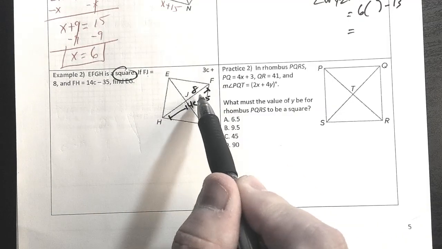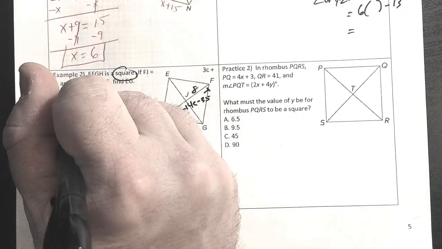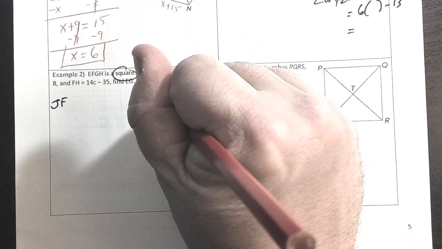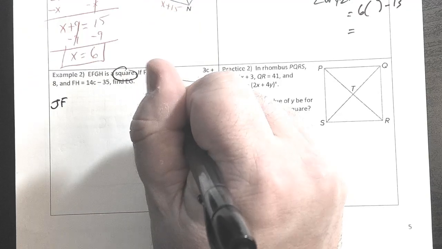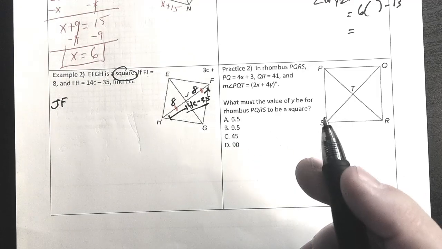So JF, hold on, let me see how we want to do this. JF is 8. JH would be congruent, so it would also be 8. Both of them together are 14c minus 35.